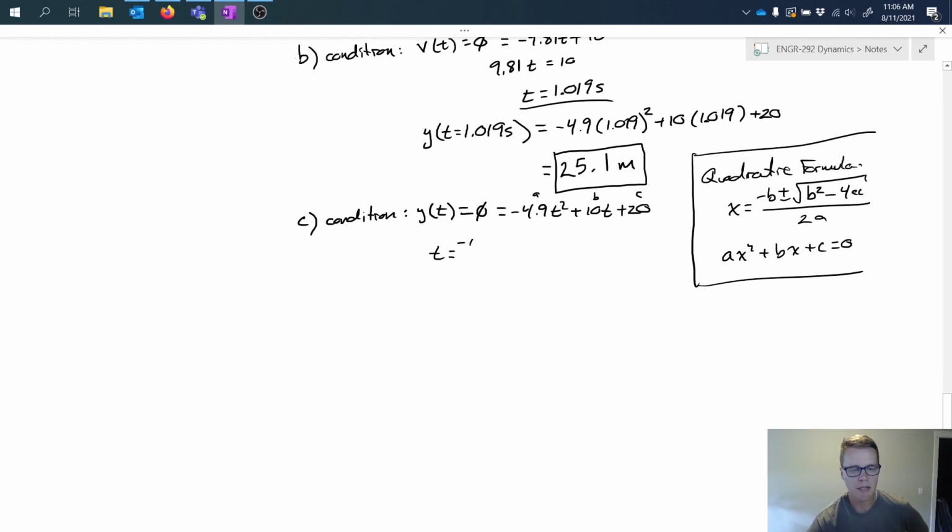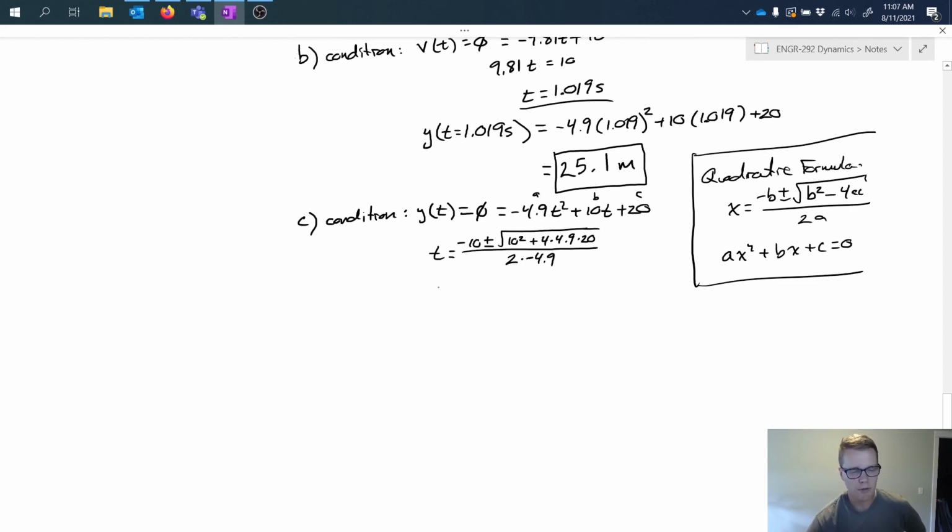So we have minus 10 plus or minus square root of 10 squared plus 4 times 4.9. This minus became a plus because of the negative 4.9 times 20, all divided by 2 times negative 4.9. Now, there's a plus or minus that you note in here, which means there's two answers to this equation.